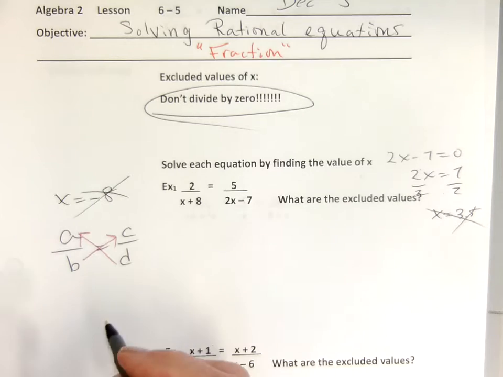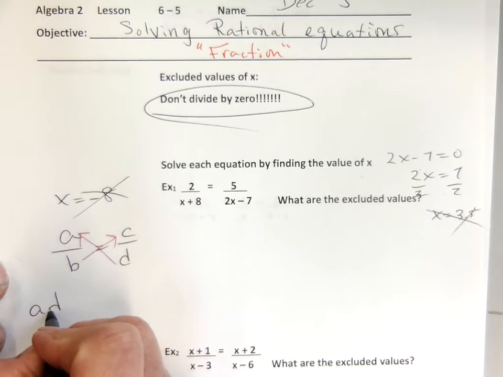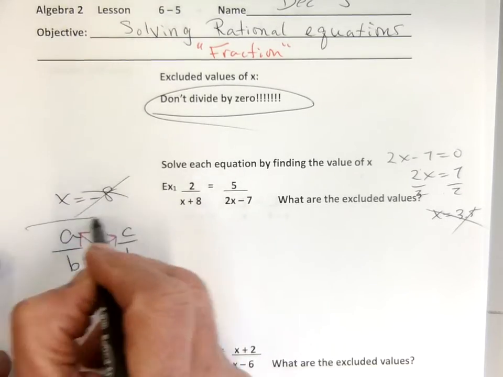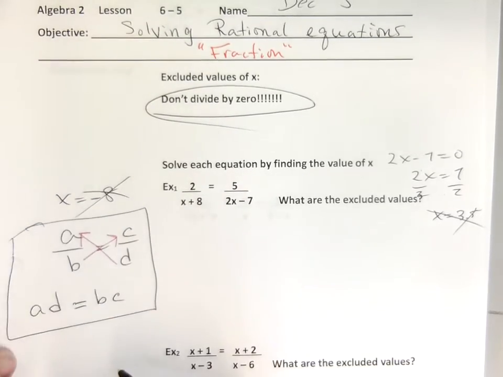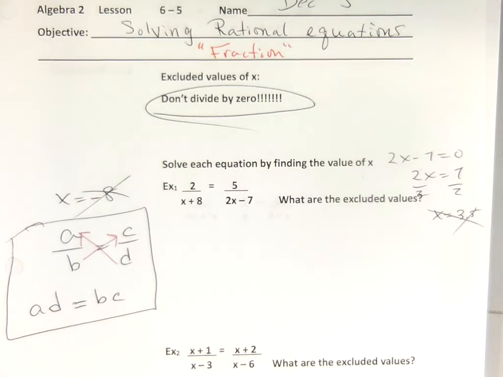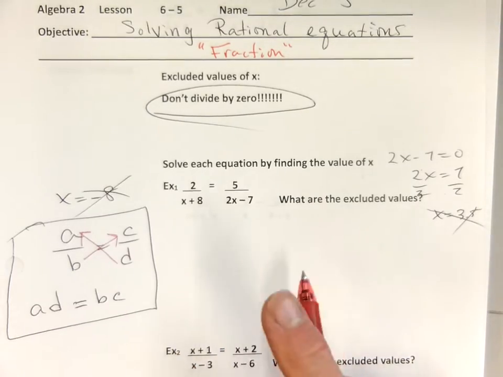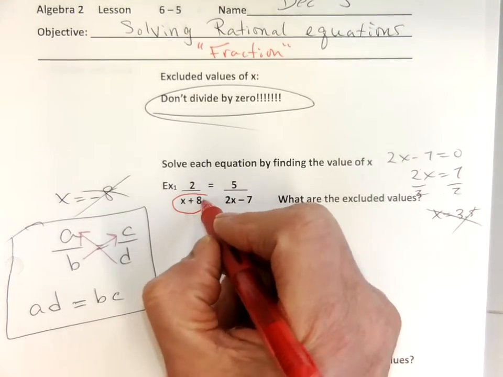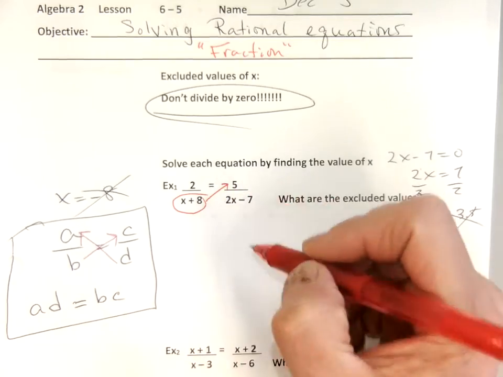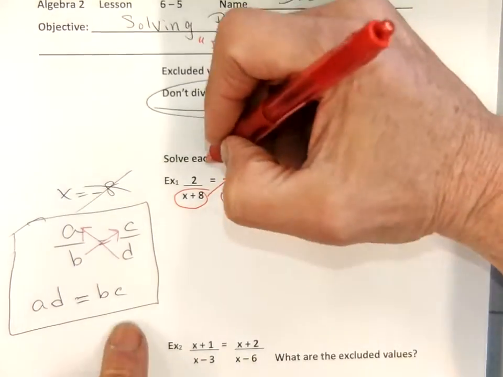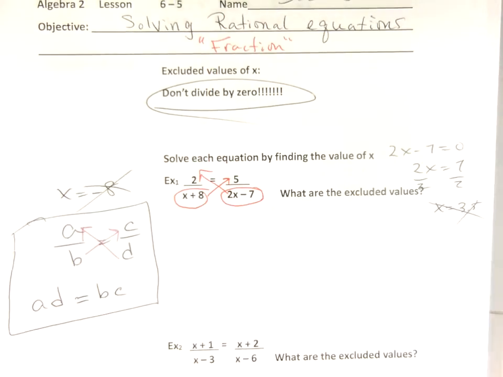We'll have A times D equals B times C. Fraction equals fraction, we cross multiply. Well, I do have a fraction equal to a fraction, don't I? So I'm going to multiply x plus 8 across. I'm going to multiply 2x minus 7 across.